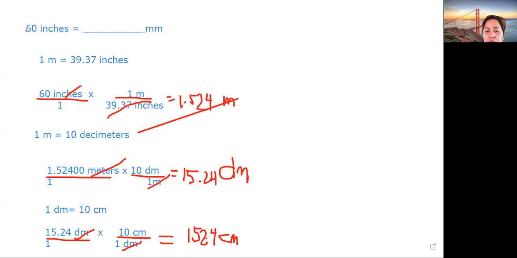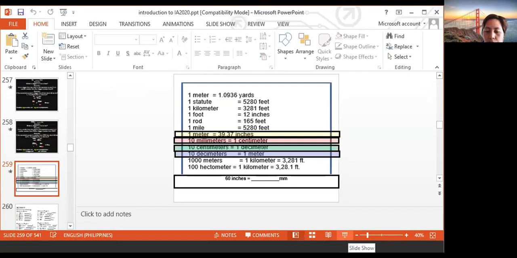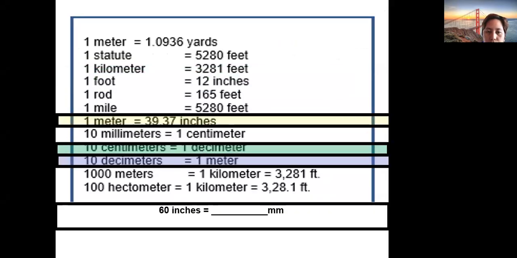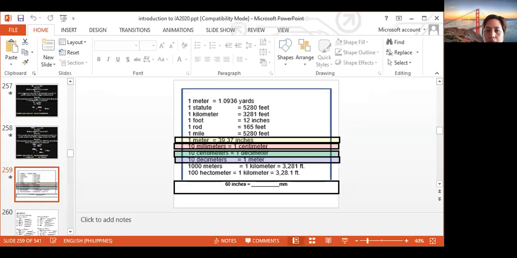Still, it's not yet in millimeter, but upon checking our chart, if we can convert it to centimeter, then in our chart there is an equivalent to millimeters. So 1 centimeter is equal to 10 millimeters.